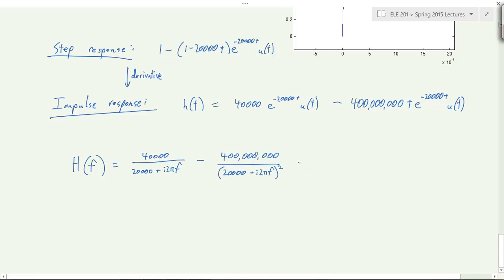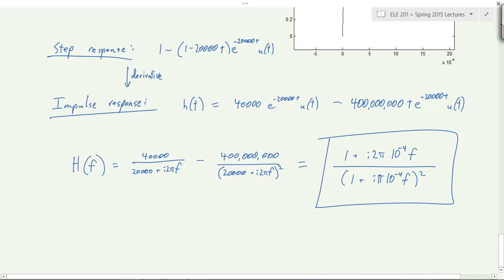We can combine this into one fraction, and you get 1 plus i 2 pi 10 to the negative 4 f over 1 plus i pi 10 to the minus 4 f, squared. So here is our frequency response.